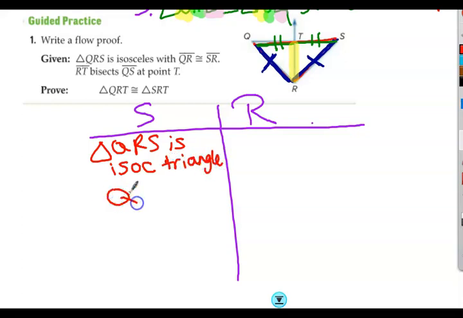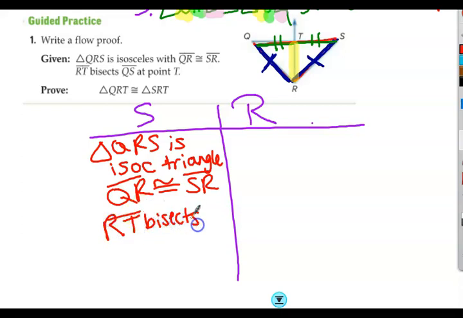We have QR is congruent to SR because it's isosceles. And we have RT bisects QS at T. So all of these are given.